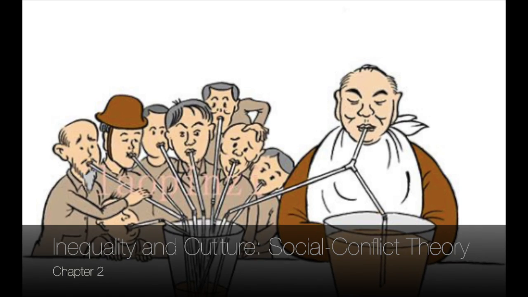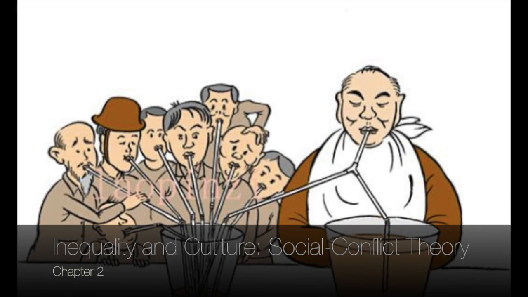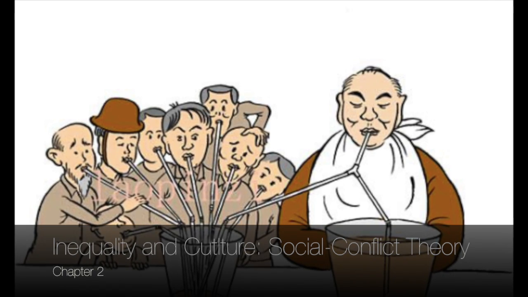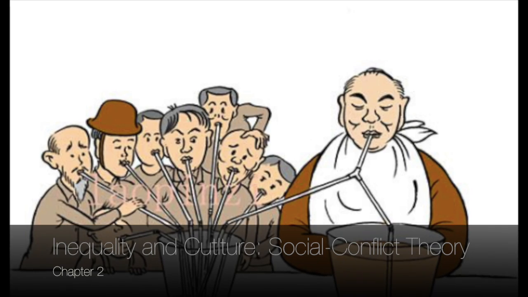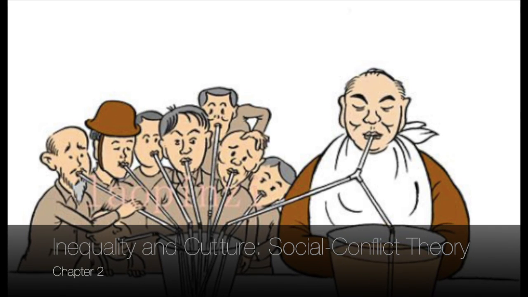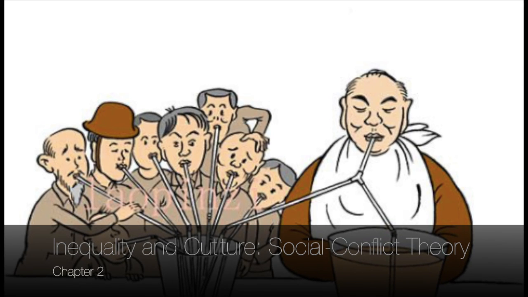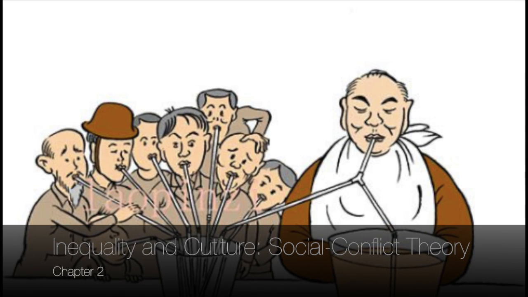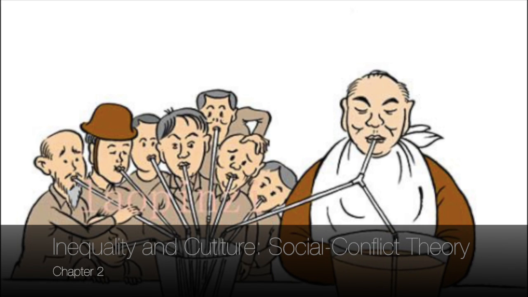The social conflict theory highlights the link between culture and social inequality. This very large person seems to be very greedy because even though he has the biggest cup, he is still drinking off the 8 people's cup. This comes to show how much more powerful and unfair the rich are with the poor.